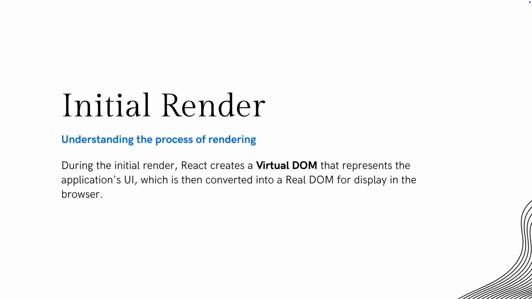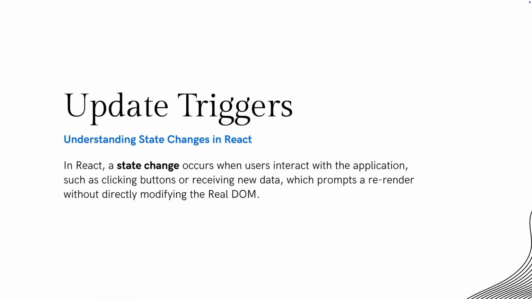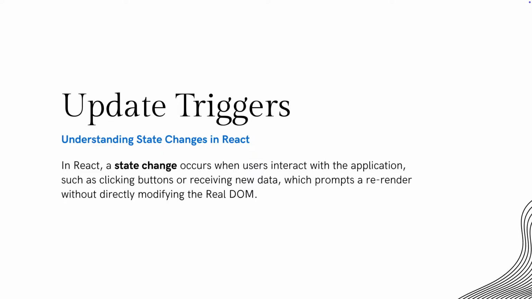Initial render. When the React app loads for the first time, this is what happens. React creates the virtual DOM, then it converts that virtual DOM into the real DOM. After that, the UI appears on the browser screen. This process is called initial rendering. Triggers an update.